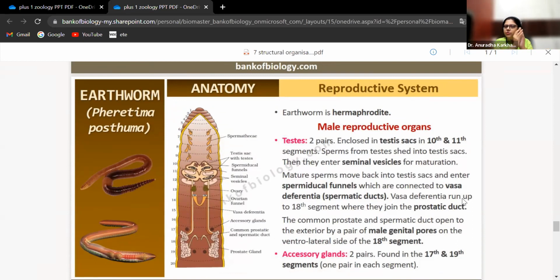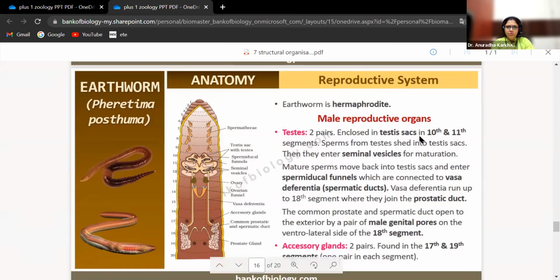After maturation in the seminal vesicle, they will again come back to the testes sac, from where they will be liberated into the vasa deferentia. Finally, they will reach the exterior by the male genital pores, the areas through which they are liberated to the outside, present on the 18th segment.